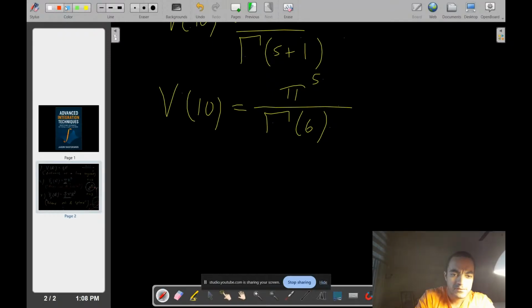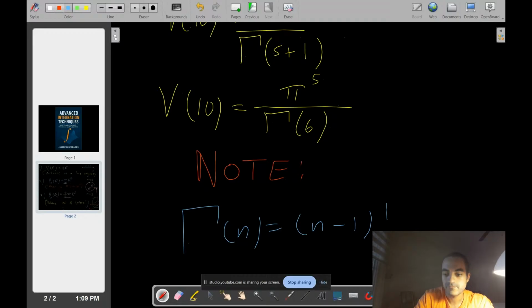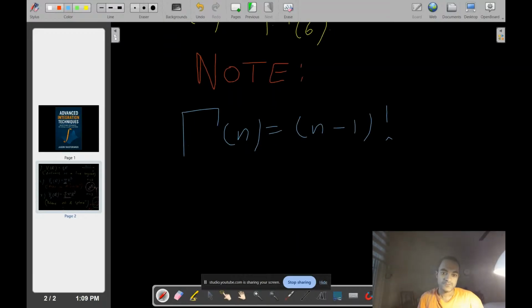So I'm going to put this to the side here. Note, I just put it in red to bring home the point. The gamma function at n, gamma of n, is equal to (n minus 1) all factorial. For those of you who know factorials, you'll know how to compute this. Factorials are used in probability a lot, actually.